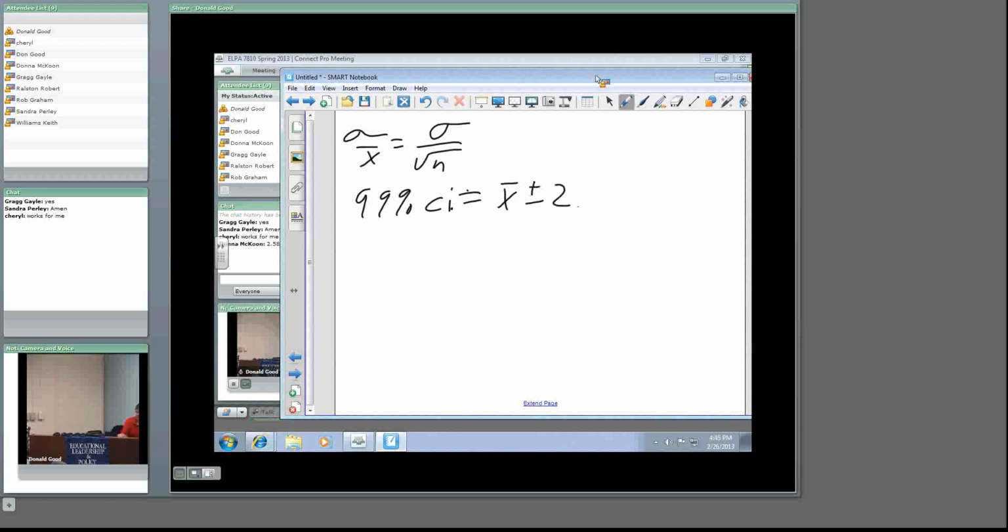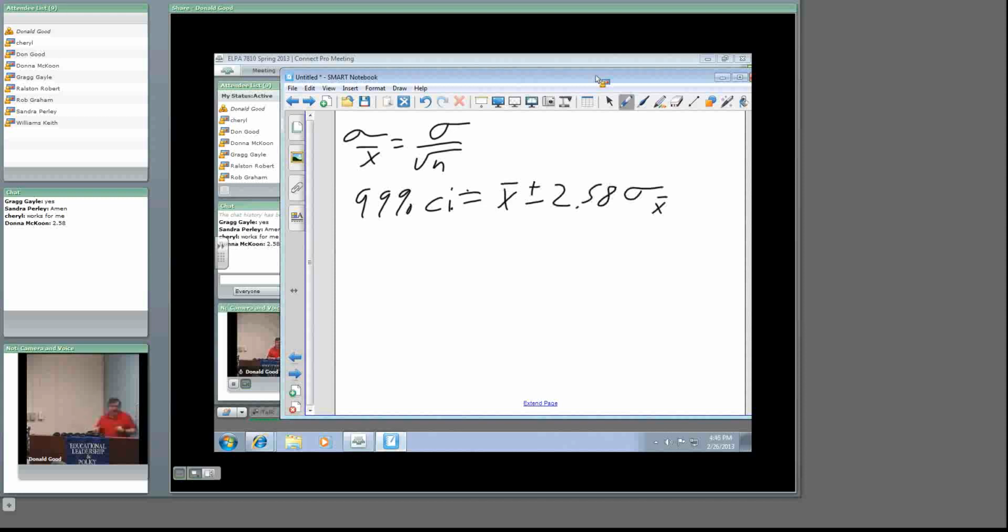And if it doesn't occur to you where that number comes from, you can go back and look at where we found that before. But it's 2.58 times the standard error, if I got the formula right. I'm shooting from the hip, relying on my faulty memory. Okay, so that's for a 99% confidence interval.